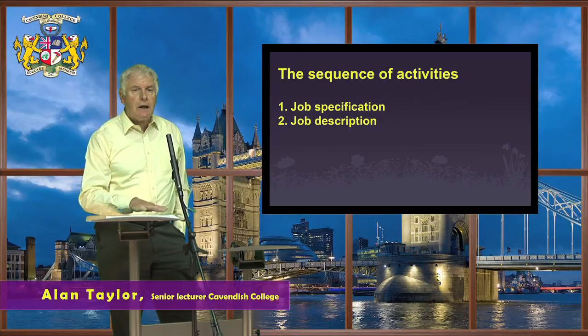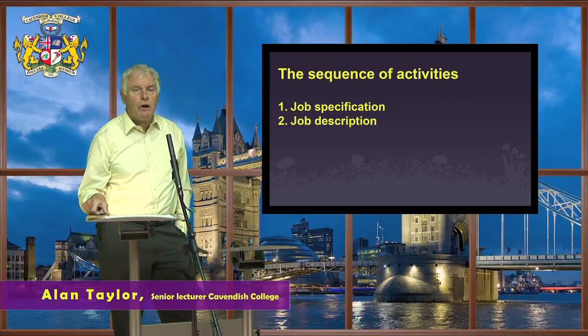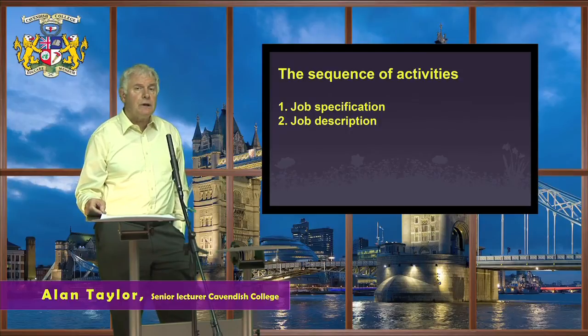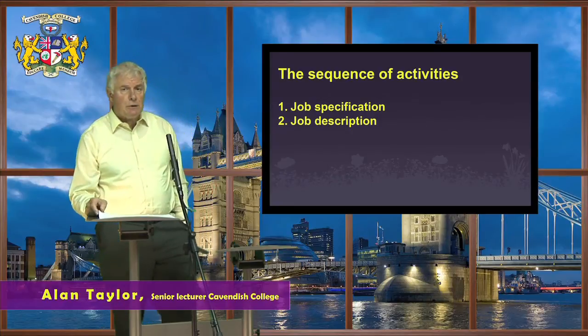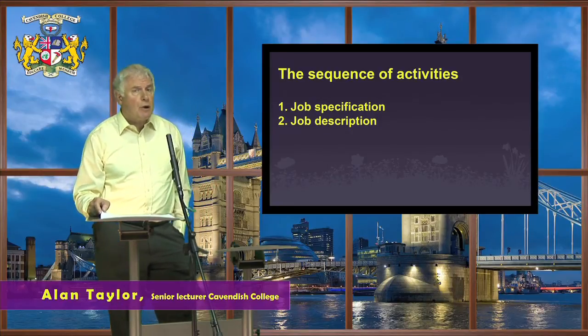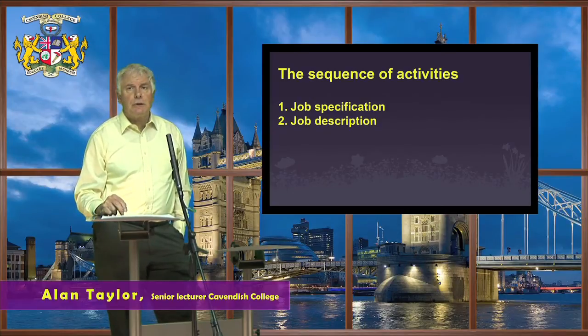So we need to have a clear identification of the specification in relation to that job, and that should be written down. If it was written down for the previous employee, it needs to be looked at again, as it has to be rewritten slightly for the new person coming in. We then need to consider a job description.